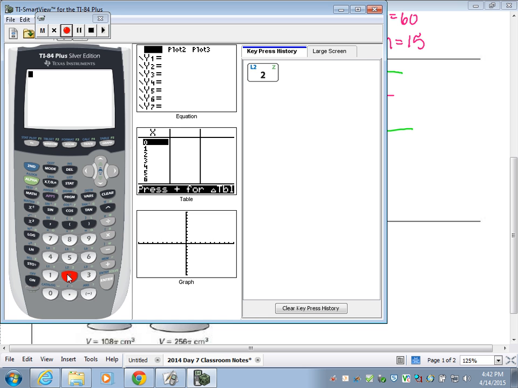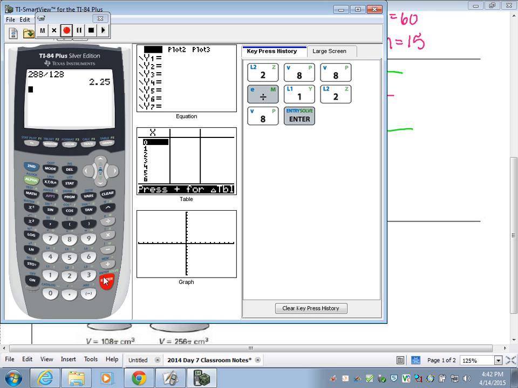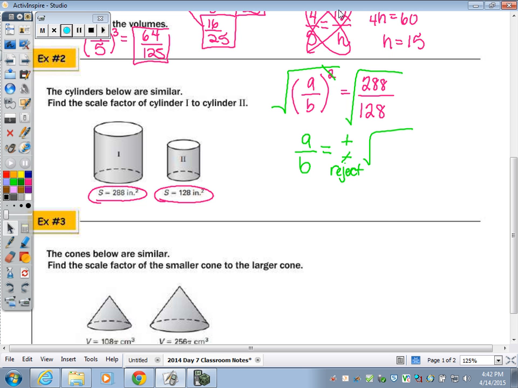So 288 divided by 128, enter. Again, math, enter, enter. If you struggle or just want the answer quick, that reduces to 9 over 4. Again, 9 over 4 is an equivalent fraction to 288 over 128. I'm just going to reduce it so that I can take the square root.